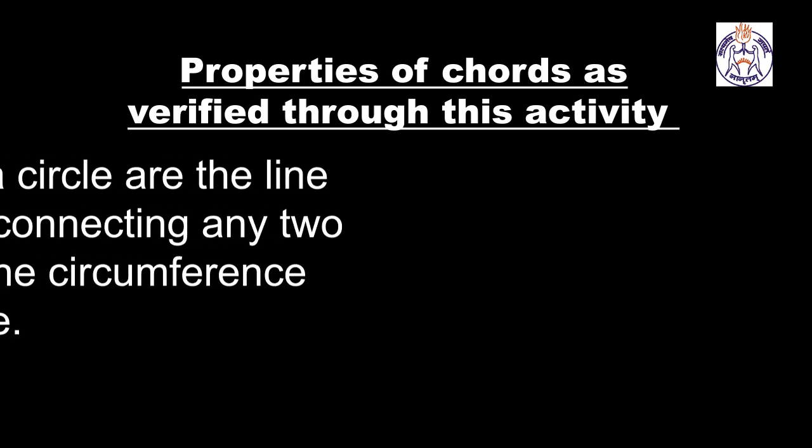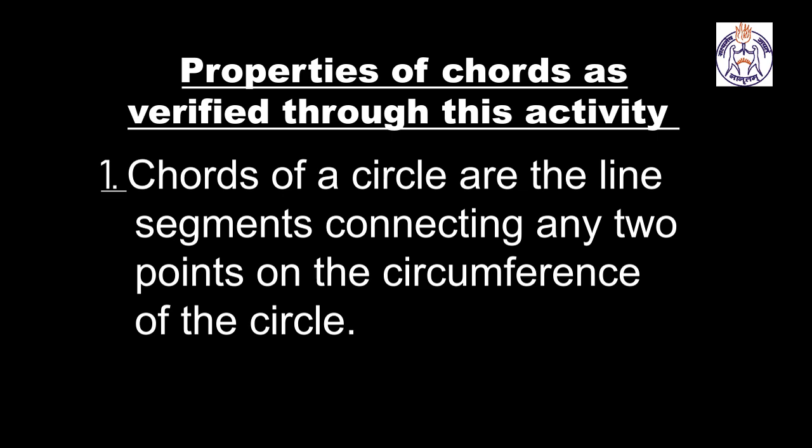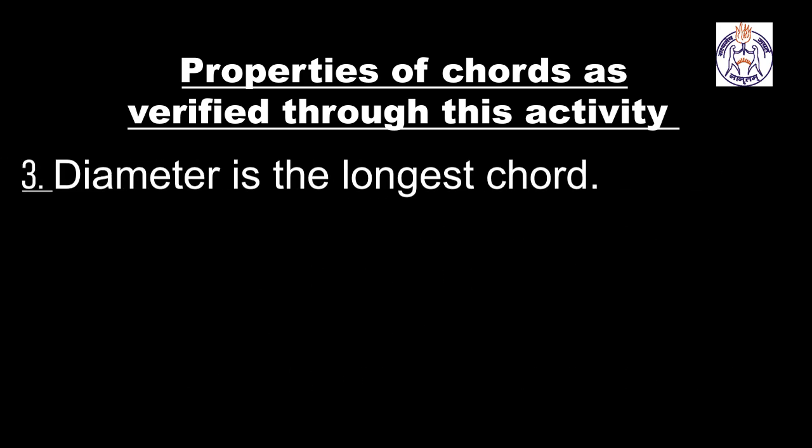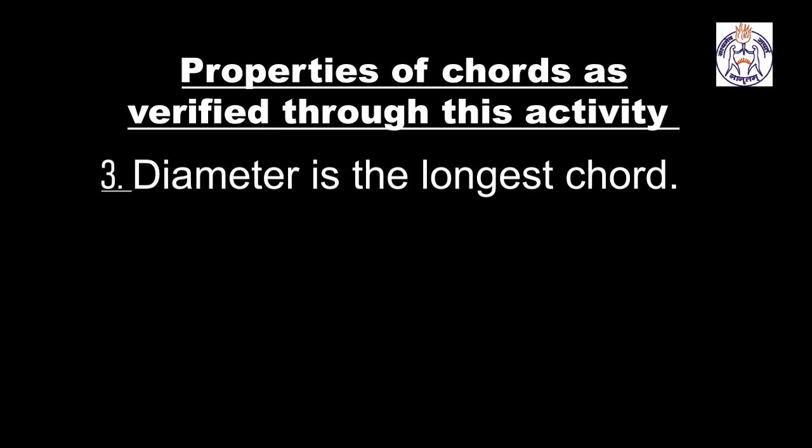Number 1, chords of a circle are the line segments connecting any 2 points on the circumference of the circle. 2, chords are infinite in number. Number 3, diameter is the longest chord.